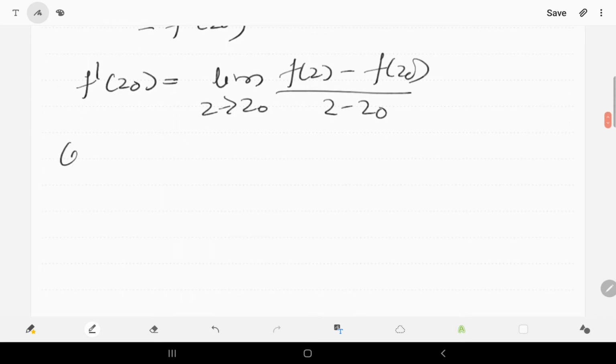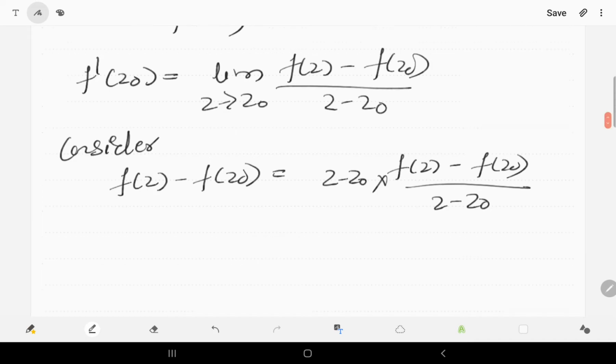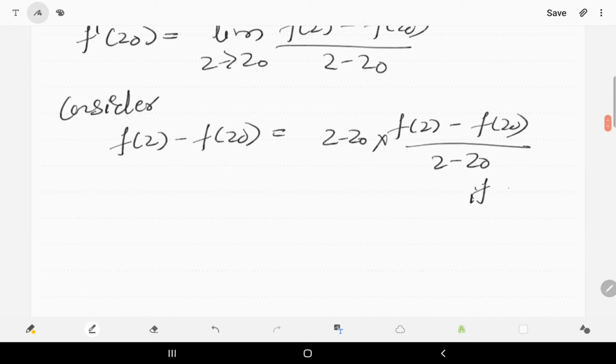Now consider f of z minus f of z0, that is equal to f of z minus f of z0 multiplied and divided by z minus z0, if z is not equal to z0.